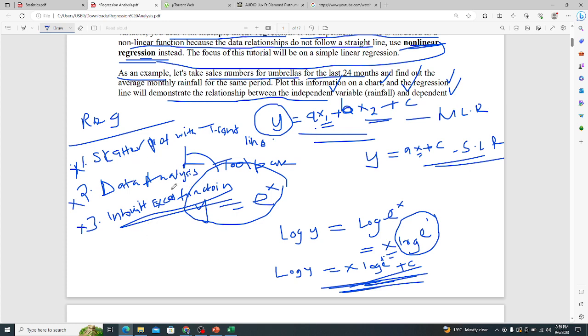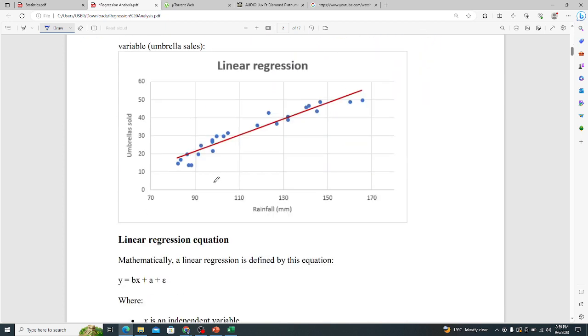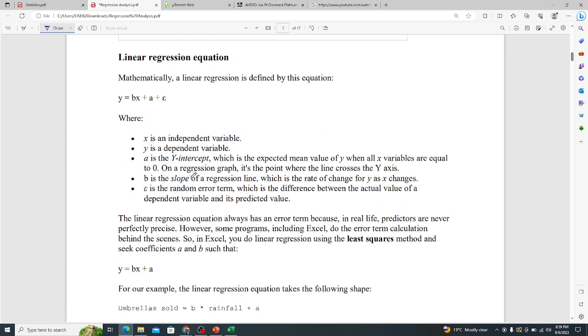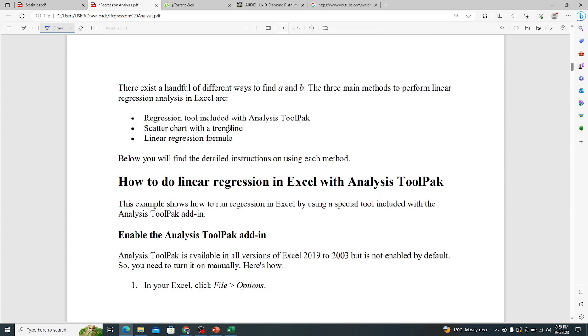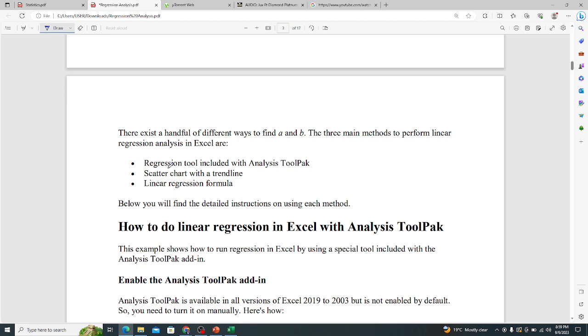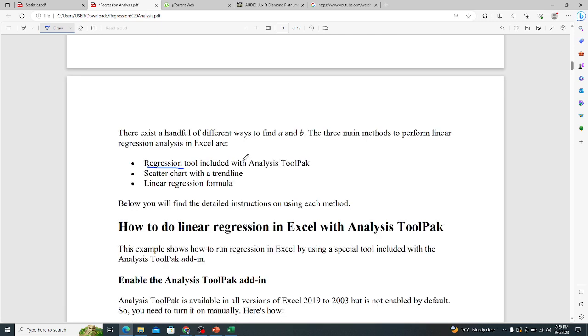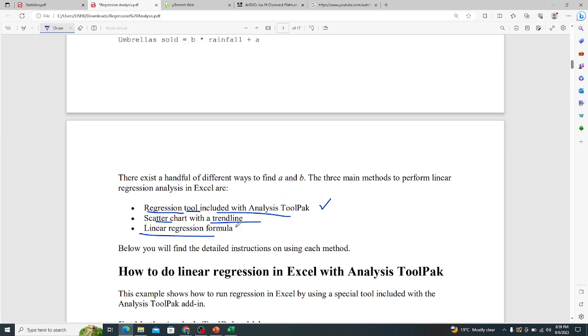Also, I will share this PDF, and it will give you all that analysis. You can see the regression tool, including the analysis toolpack, the scatter chart with trend line, and the linear regression formulas in Excel.